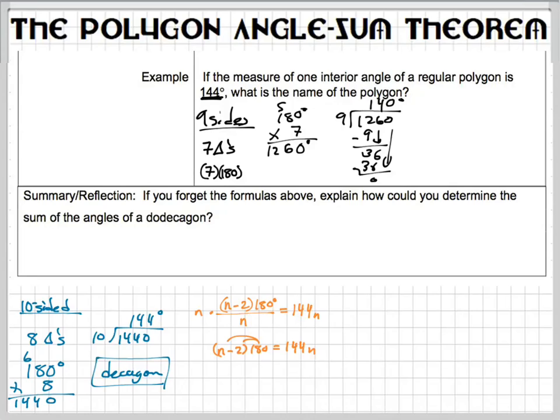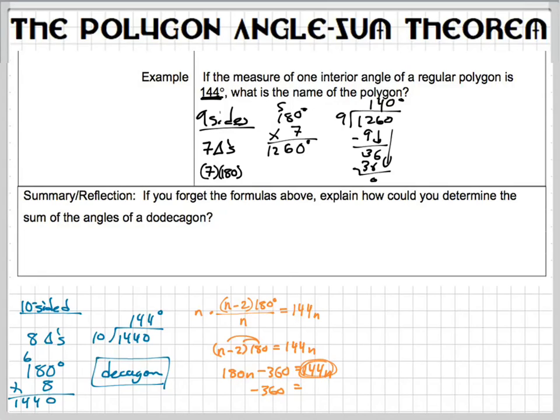Then distribute the 180, so we get 180n minus, what's 180 times 2? That'd be 360. Oops, I forgot the n right here. And we have 144n on the other side. Then you get the n's on one side, so I'm subtracting 144n from both sides.